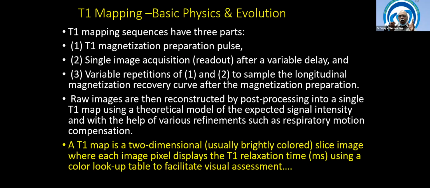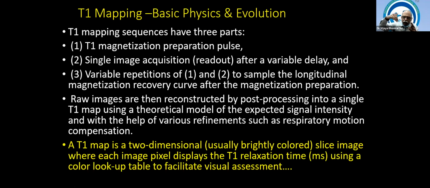So now, how to do a T1 mapping sequence? Basic physics. You forget about spin echo. Think about the inversion recovery sequence, where even before you start acquisition, there is what is known as a T1 magnetization preparation pulse. Inversion pulse is given. All the protons go into a completely opposite direction. Stop. Then start acquiring the data. So depending upon the healthy, unhealthy parameters in the proton, they start relaxing.